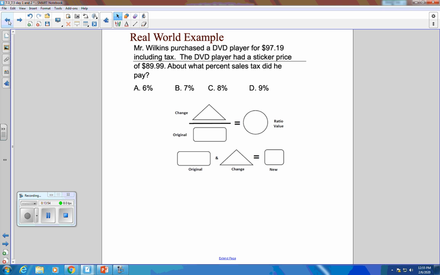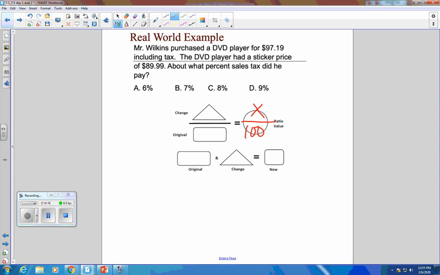Okay, Mr. Wilkins purchased a DVD player for $97.19, including tax. The DVD player had a sticker price of $89.99. About what percent did he pay? So I'm looking for percent, so I'm going to write X over 100 right away. And then I see that it was $97.19, including tax.